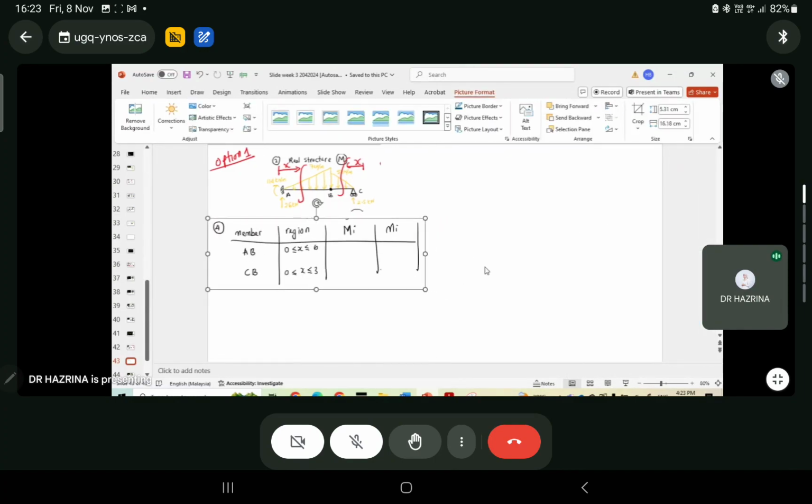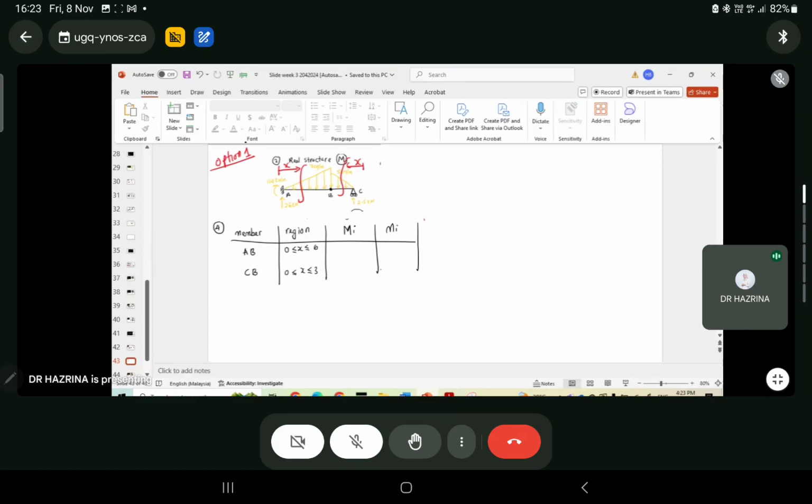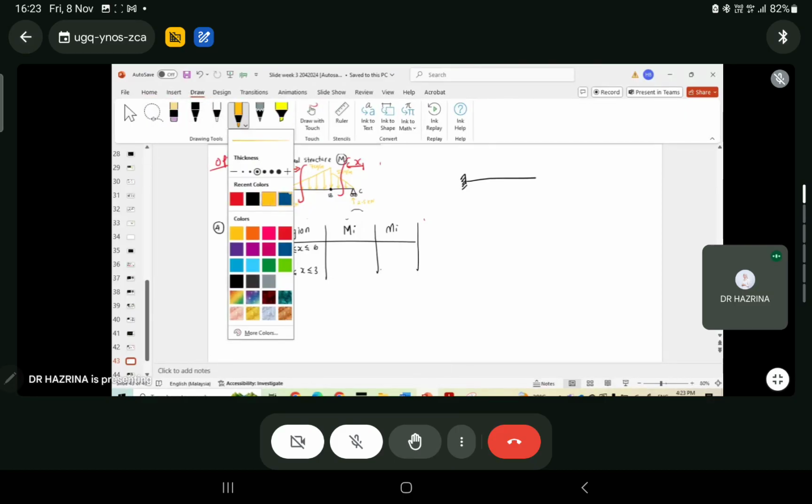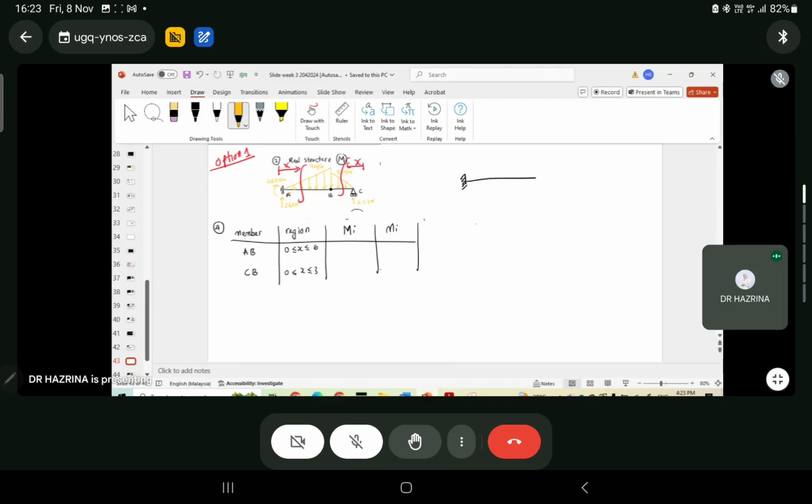Okay. For option 1, okay. So sekarang ni untuk option 1, what you have, you will have this one. Okay, you akan ada this, and then you cut separuh kan. So maksudnya you akan ada dia punya loading. You have like this.